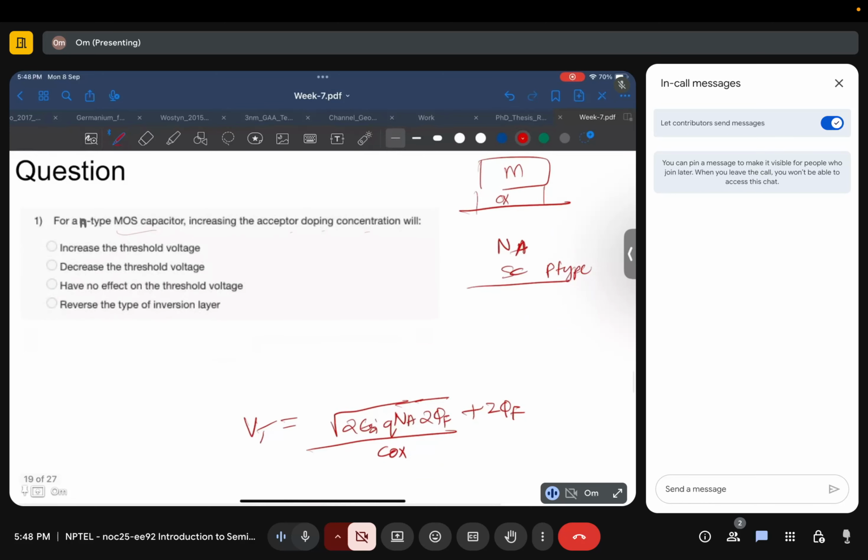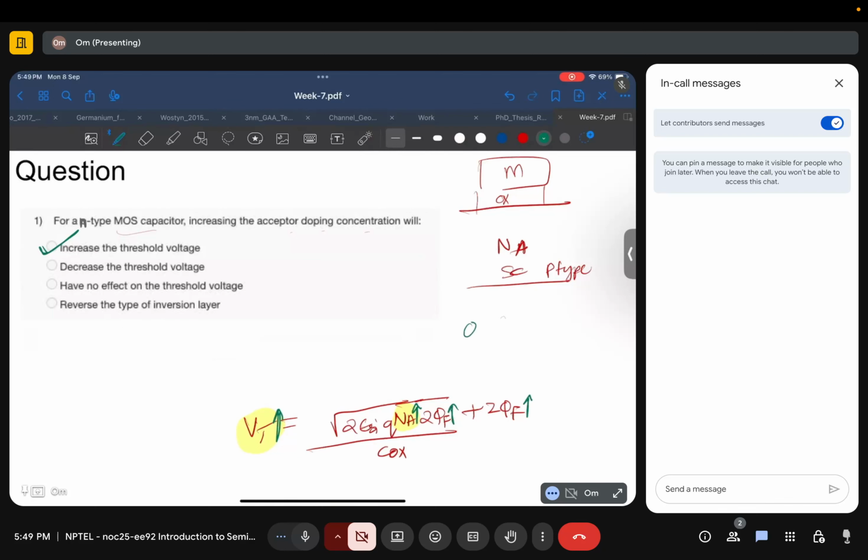Okay, so if your substrate doping Na will increase, your Vt will also increase, right? Further, your 2 phi f is also increasing with Na.